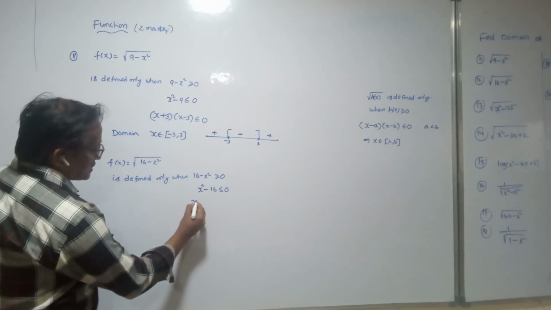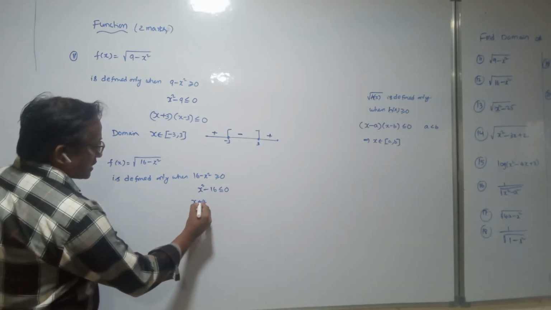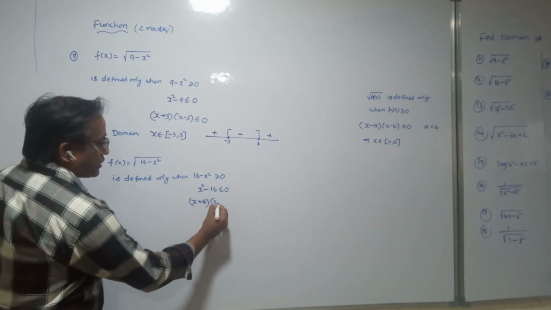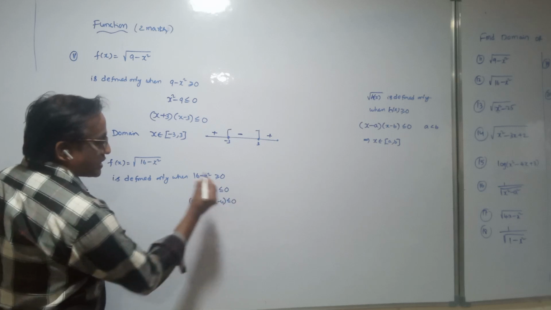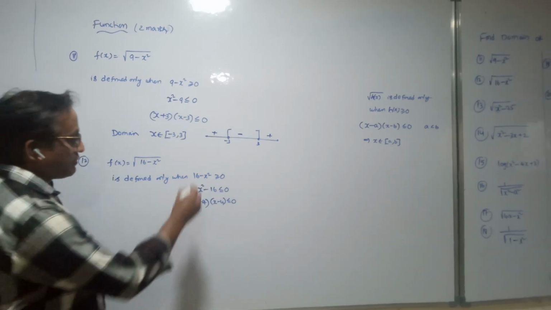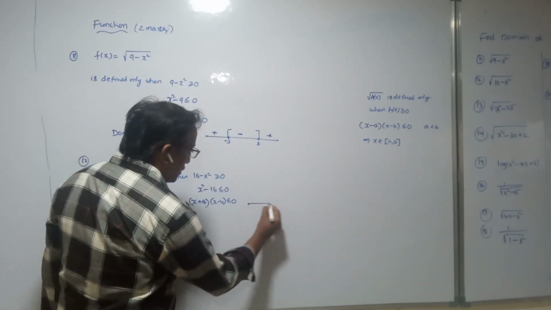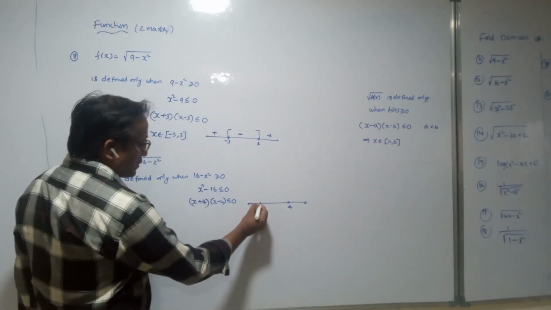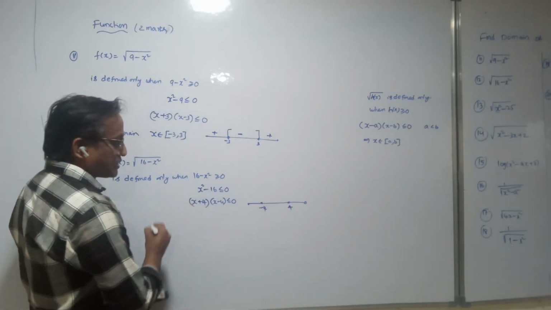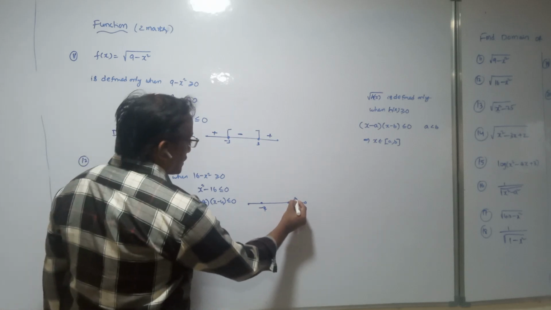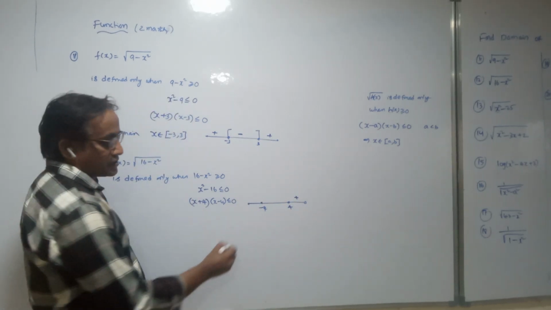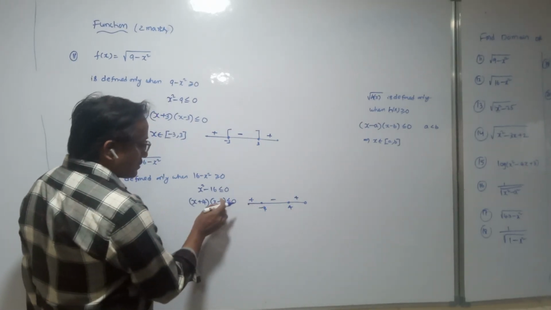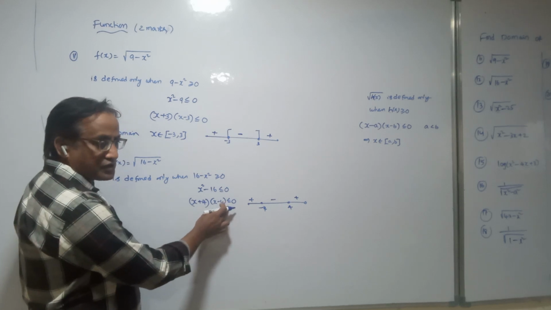X square minus 16 can be written as x plus 4 into x minus 4 less than or equal to 0. We will again write like this. Now you put the largest number 4 and minus 4, the smallest number. After the largest number, you put the sign plus, minus, plus. You have negative, less than or equal to 0.